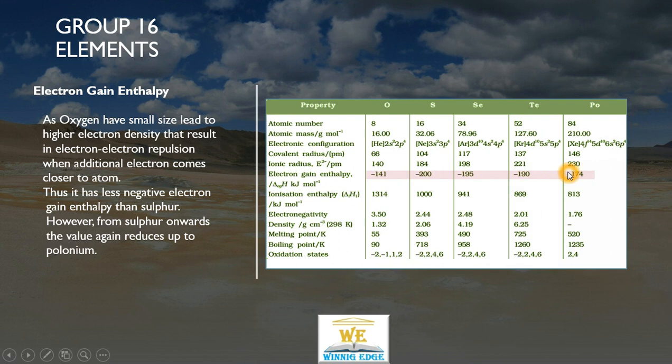So this is the justification: electronic repulsion forces do not allow the addition of another electron into oxygen with ease.